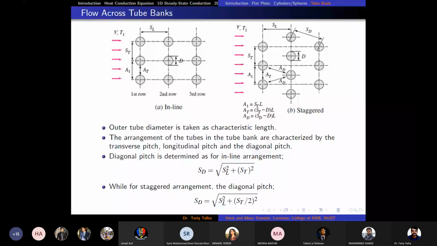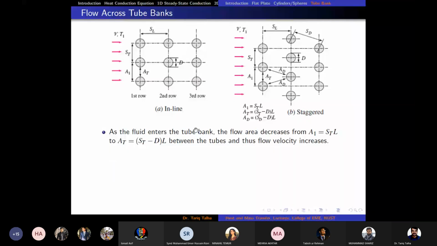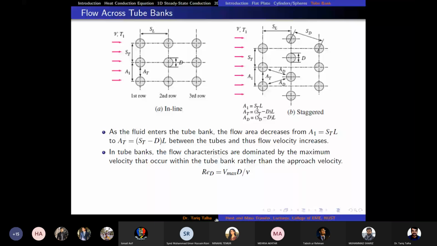Right. And then as the fluid enters the tube bank, the flow area decreases. As I have explained, here the flow area is ST, but when it comes here, it decreases to ST minus D. And then we determine the Reynolds number depending upon Vmax rather than U infinity, which is the approach velocity which we use for the flow over a single cylinder or sphere, or for the flow over a flat plate.